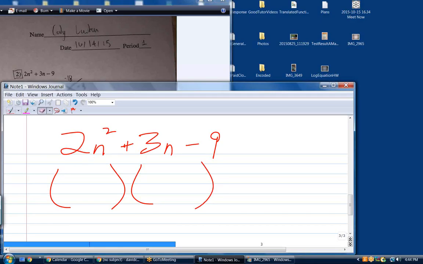How am I going to split up those ends? It's going to be 1n or 2n, and 1 or just n. When you do that step, always multiply it back together again to make sure you get that. That says you've done it right.